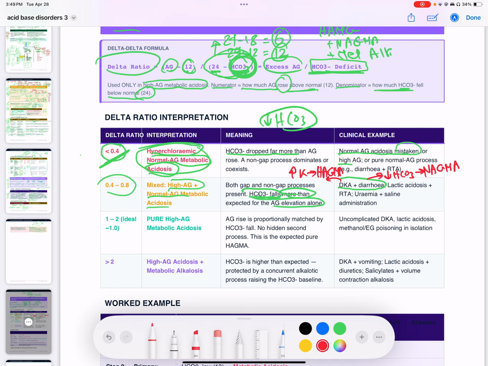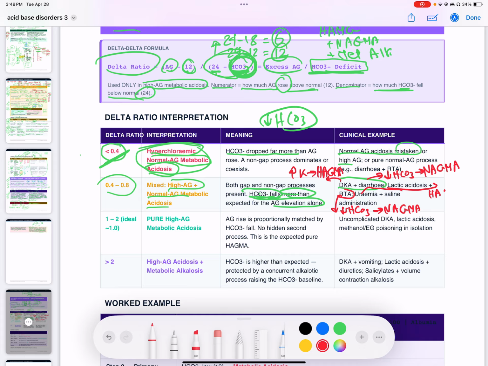Another scenario is lactic acidosis plus RTA. Lactic acidosis causes high anion gap metabolic acidosis, and in RTA you're losing the bicarb in the kidney, causing normal anion gap metabolic acidosis.